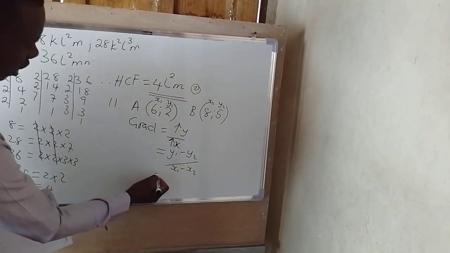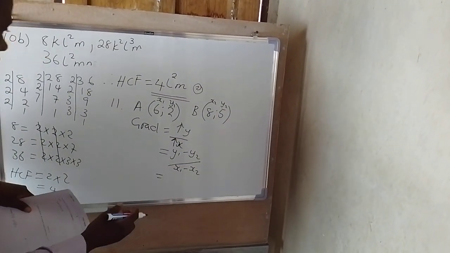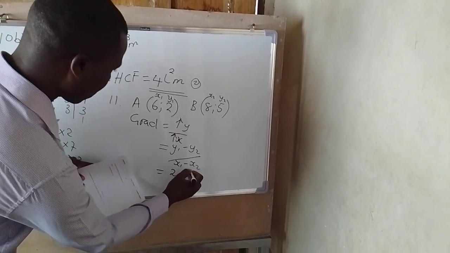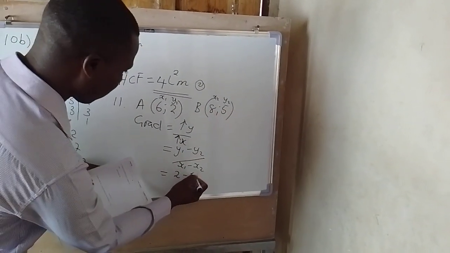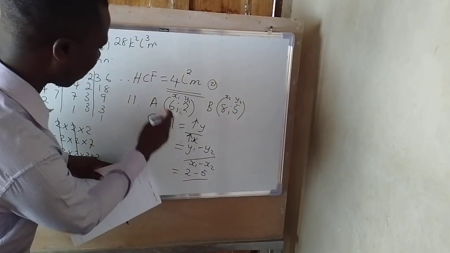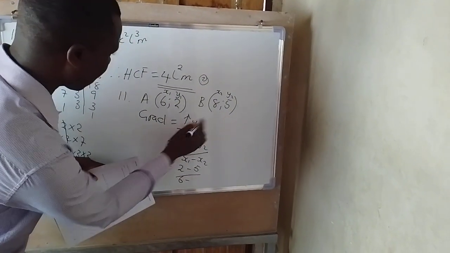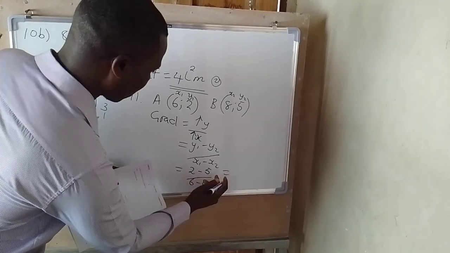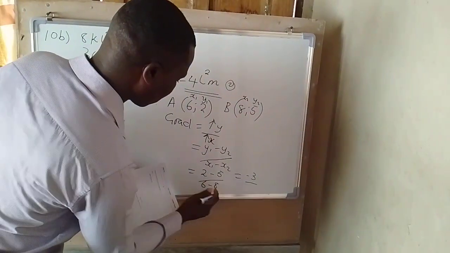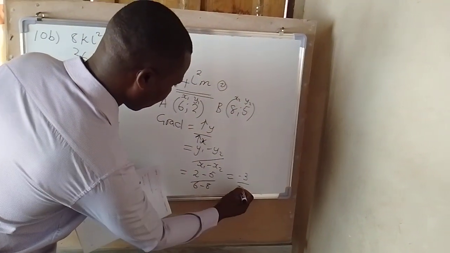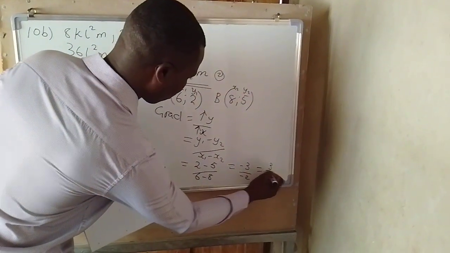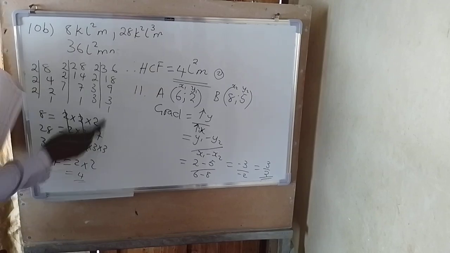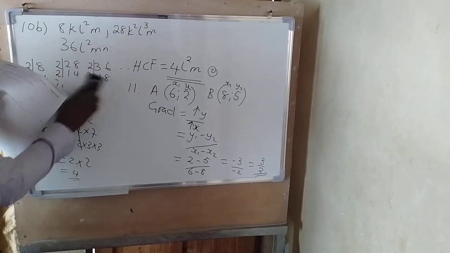So simply substitute in our formula. y1 is 2 minus y2 is 5, all over x1 is 6 minus x2 is 8. This is equal to 2 minus 5, we get minus 3, over 6 minus 8, we get minus 2. This is equal to 3 over 2. So our gradient is 3 over 2. That is the gradient of line AB.